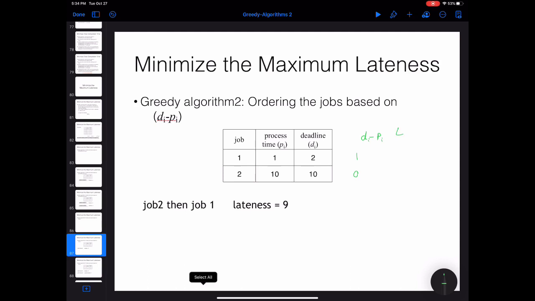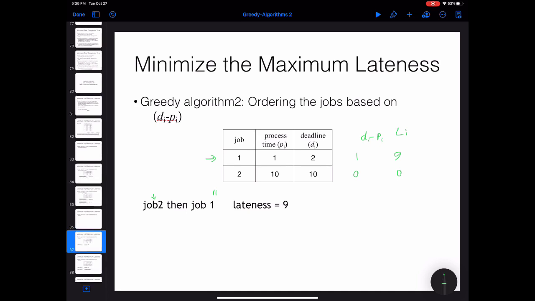But for the second job, you need to do job 2, then job 1, so the completion time of job 1 is going to be 11. The difference between 11 and the deadline, the lateness, is going to be 9.